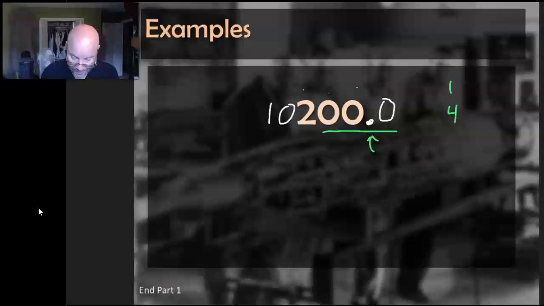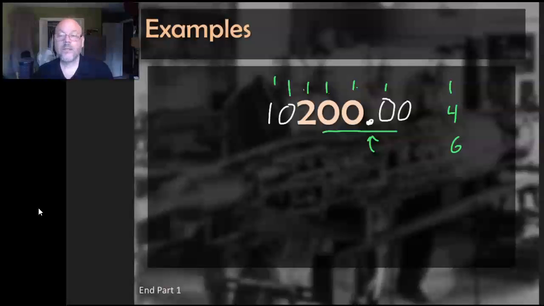Now I've got 1, 2, 3, 4, 5, 6 sig figs there. What if I add another 0 on the end here? Well, you guys probably figured out that bumps us up to 7 sig figs, and so on, just like that.